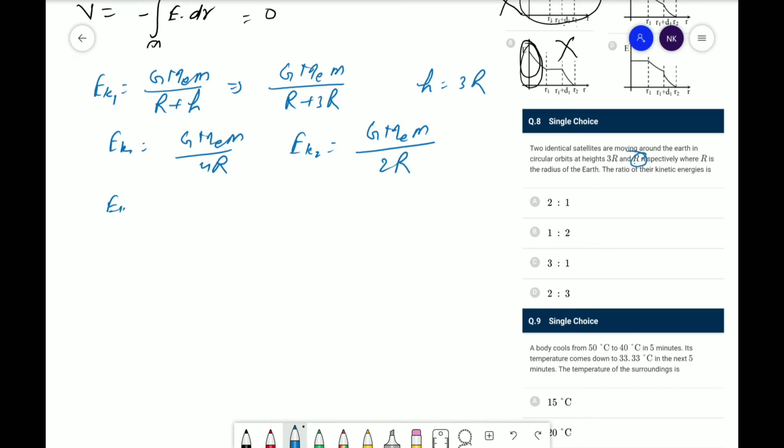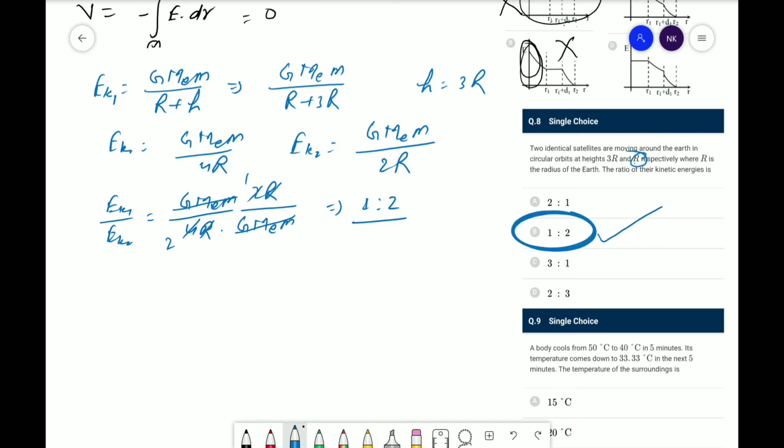Now EK1 divided by EK2 will be equal to GMeM divided by 4R into 2R divided by GMeM. R cancels out, GMeM cancels out, 2 ones are 2, 2 to the 4, hence 1 is to 2. Therefore the correct answer is B, 1 is to 2.